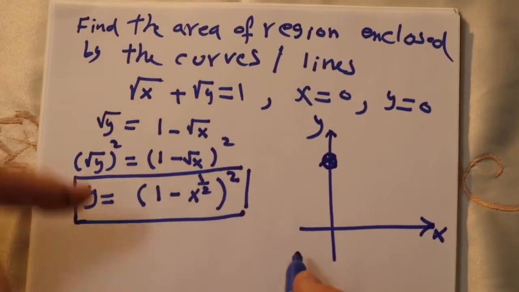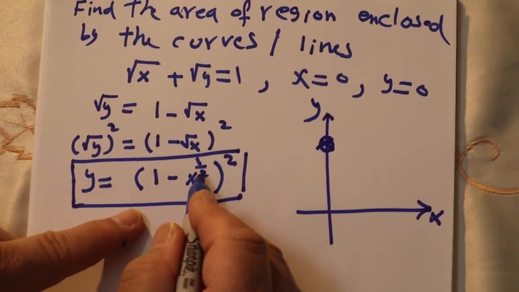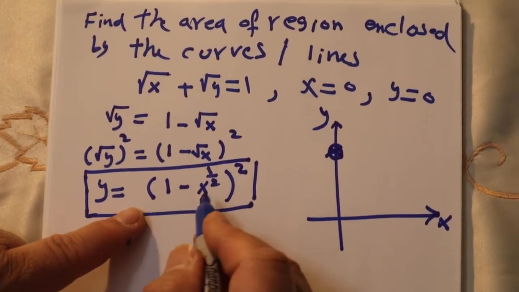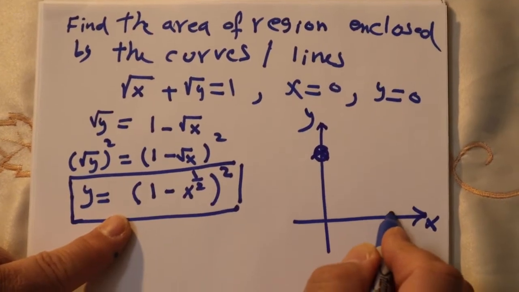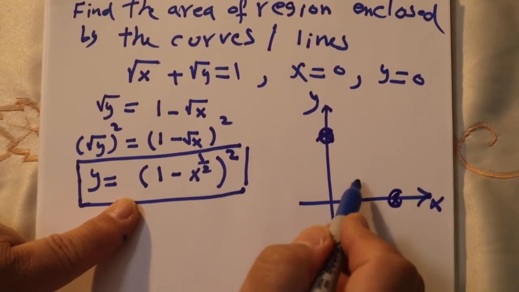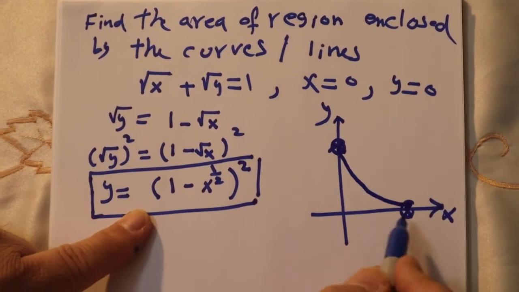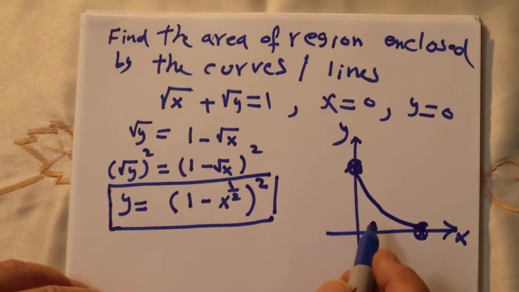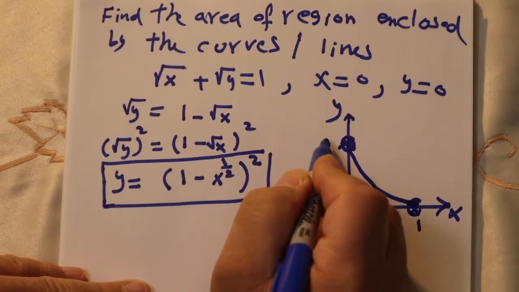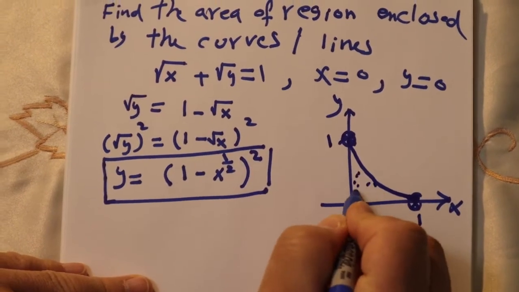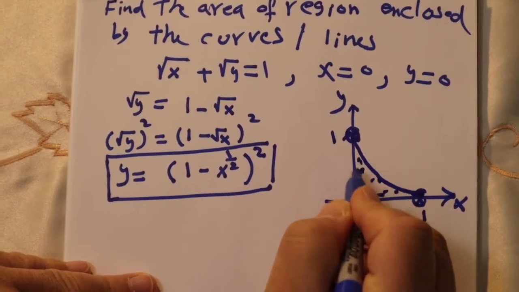And if you plot 1, 1 to the half power minus 1 is 0, then it will be 1 and 0. And if you plot some points here, the curve will be like that. So this is the curve of the function that we're looking for. This is 1 and this is 1. And we need to find the area under this curve.